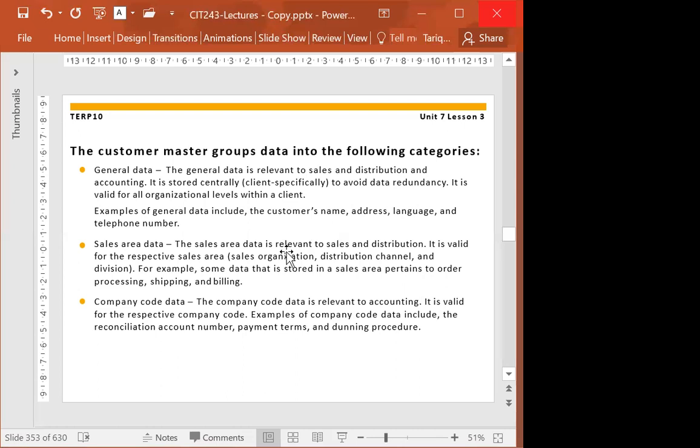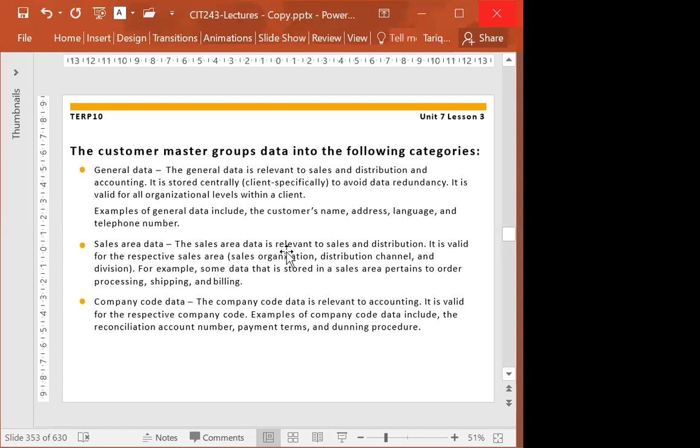Imagine a customer wants to buy material from Lahore and the same customer wants to buy material from Karachi. So we have to register him in the Lahore sales organization and in the Karachi sales organization. Then he can buy from both locations. If we just register him for the Lahore sales organization, he cannot make any purchase from the Karachi sales organization.